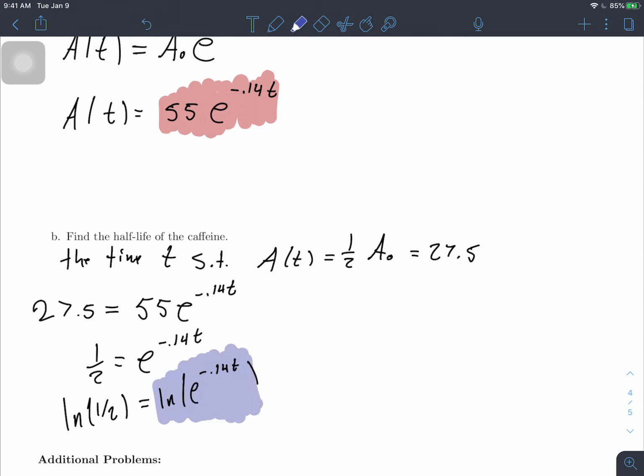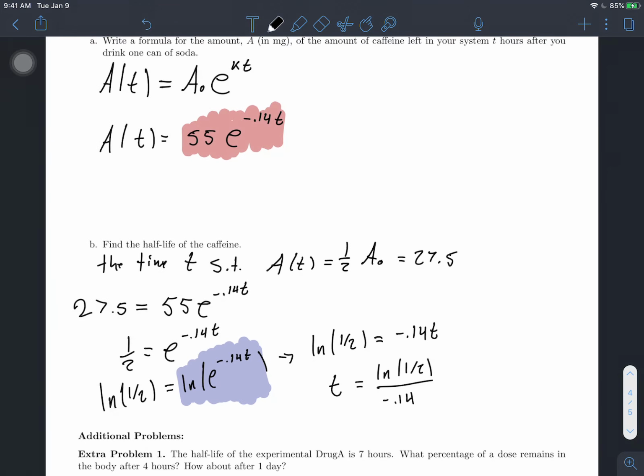So this is telling me that ln of 1/2 is equal to negative 0.14 t, since e to the x and ln of x are inverses. So now I just divide both sides and I'm done. T is equal to ln of 1/2 over negative 0.14. And we can go ahead and calculate that out to get our answer.